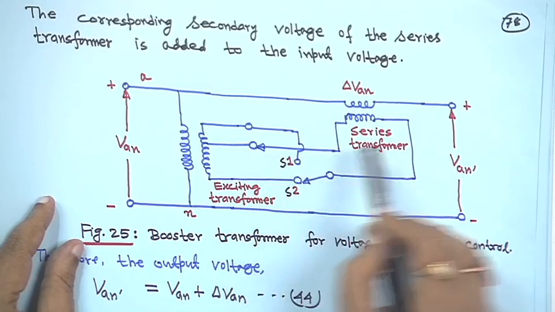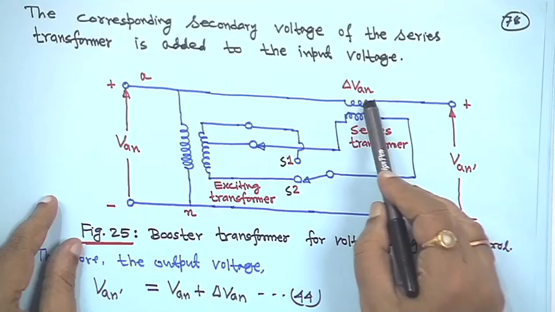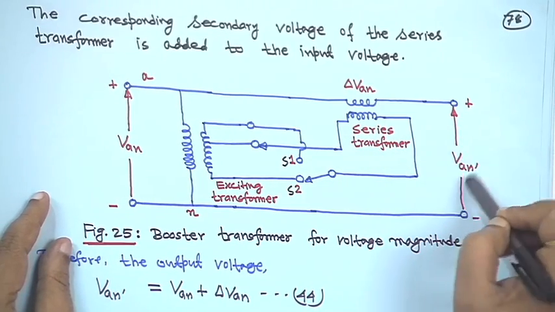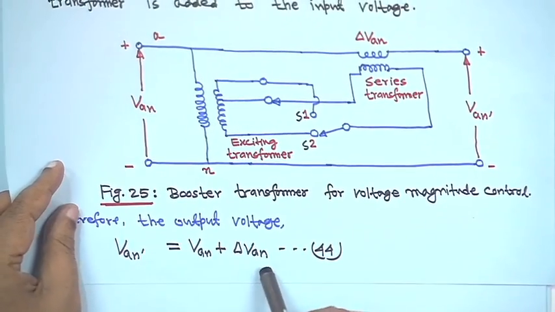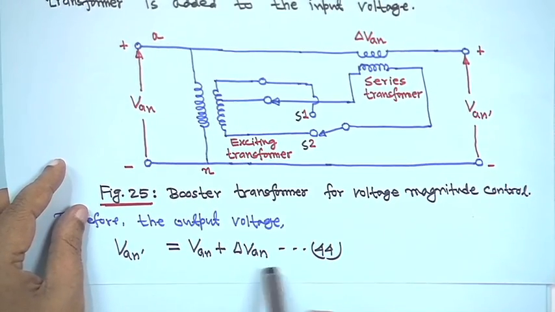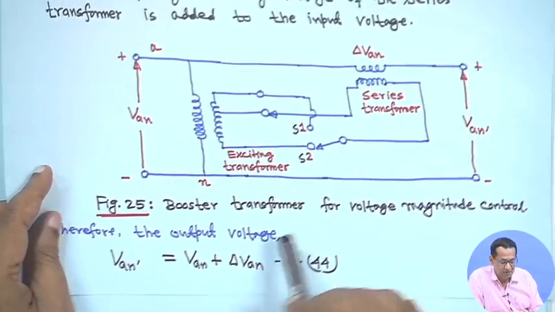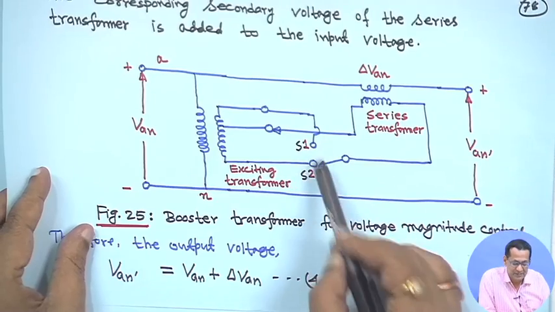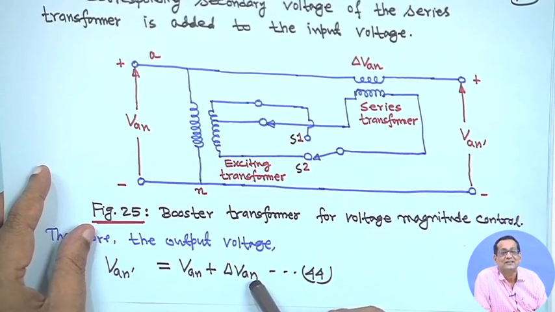With this, some voltage is impressed here and automatically voltage will be impressed there. Therefore, this side voltage VAN dash will be VAN plus delta VAN. This is equation 44 I have marked. So, this is the output voltage. If the connection is like this, then this voltage will be added.